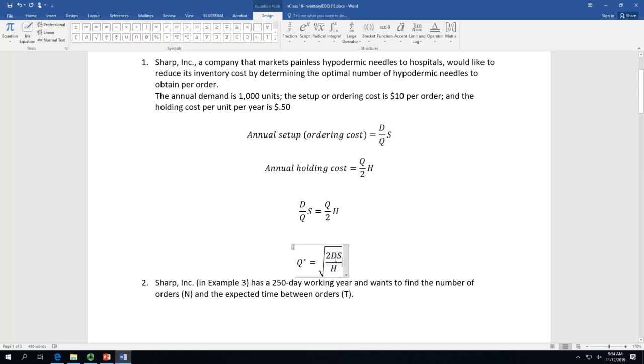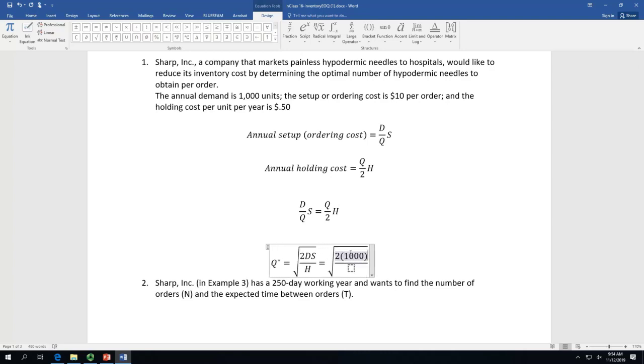And then we come back to see the individual numbers that are given here. In this case, 2 is here, and what is D? D equals 1,000, the demand.